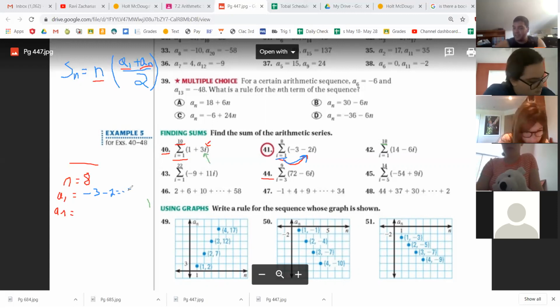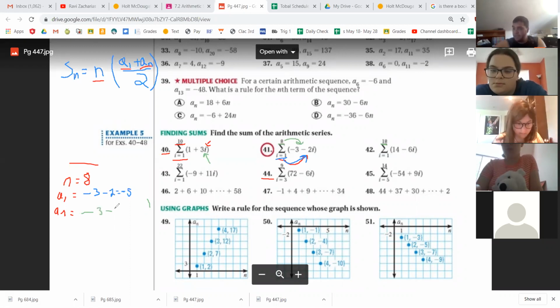Remember, that's a bigger negative, so that should be -5, okay? -5? Oh, sorry. Yeah, -5. And then in green, I'll do the top. 8, we're going to plug it into here. -3 minus 2 times 8. -2 times 8 is -16. So -3 minus -16 is -19.